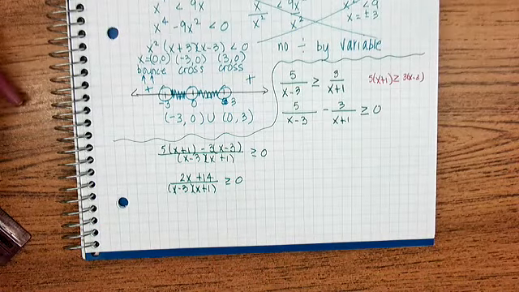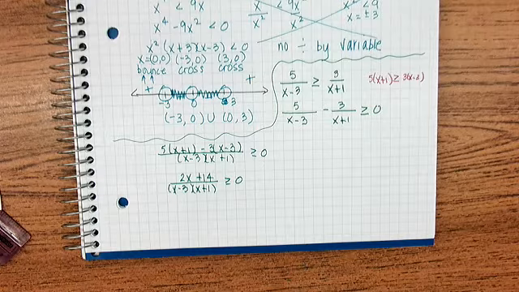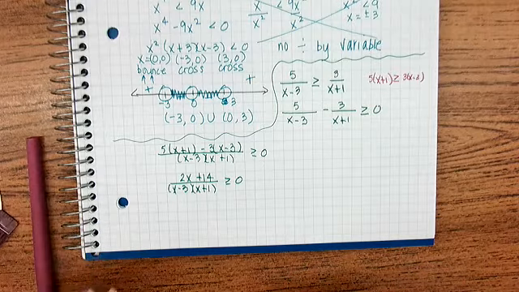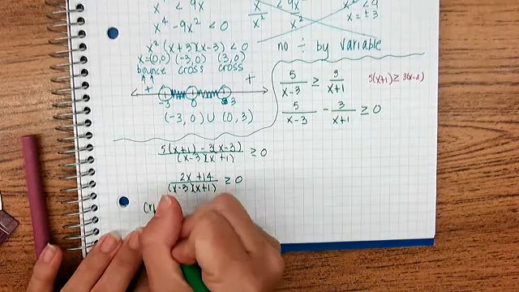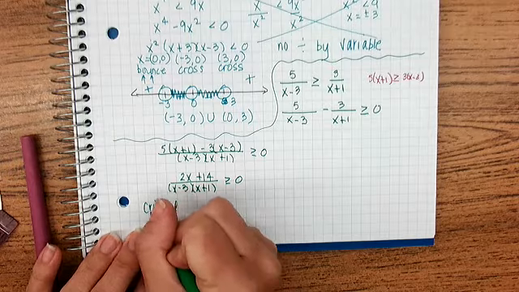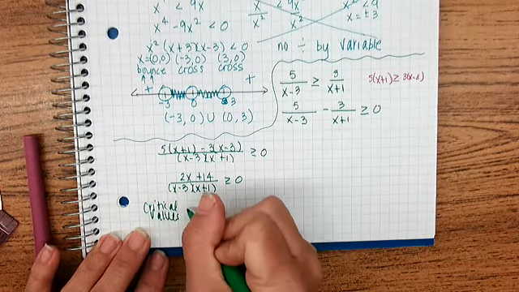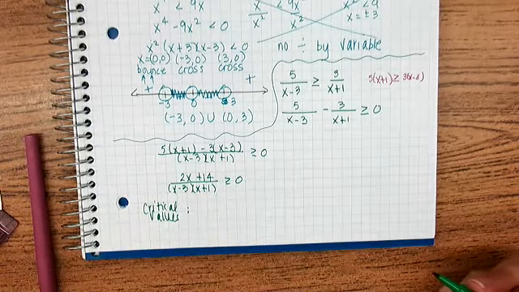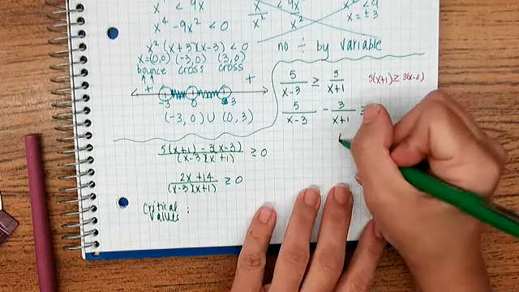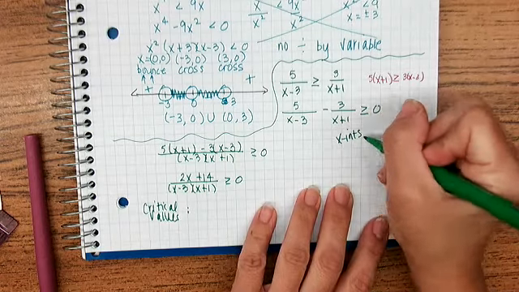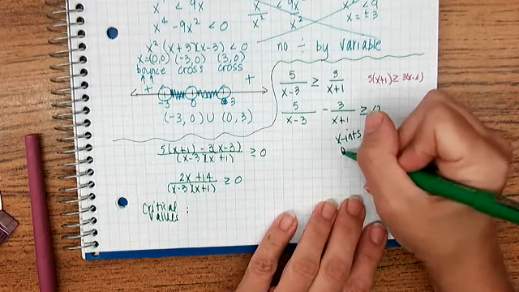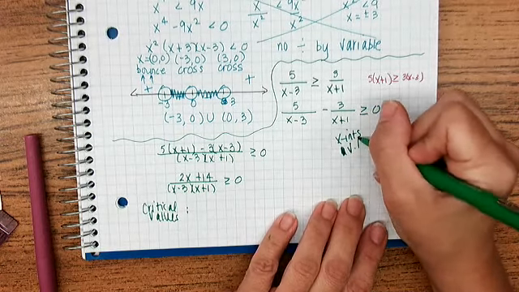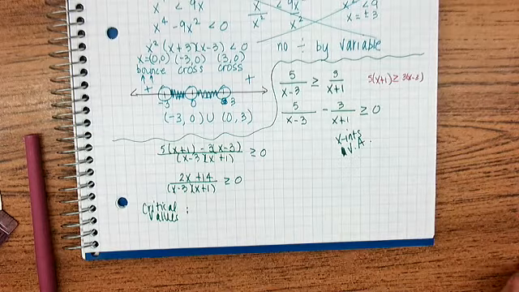You need to know your vertical asymptotes. So if we were to graph this, we look for what we call critical values. Critical values are x-intercepts and vertical asymptotes.